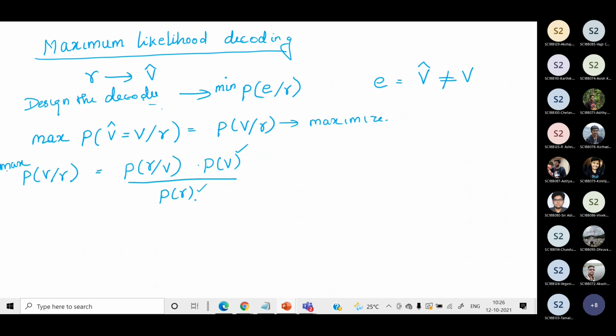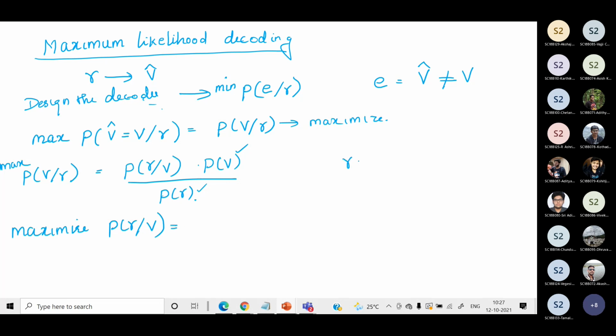So instead of maximizing P of V given R, I am going to maximize P of R given V, right? That is, what is the probability that R is the received vector when V is transmitted? This is the one I want to maximize.